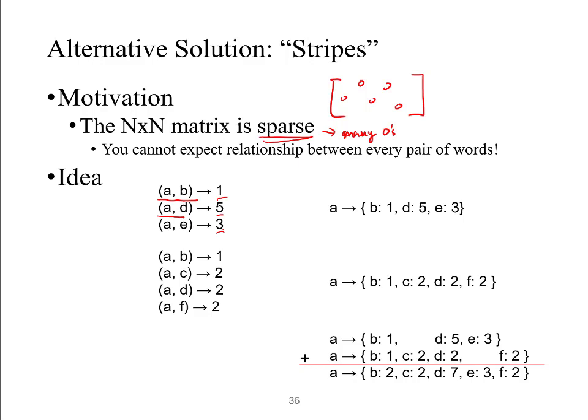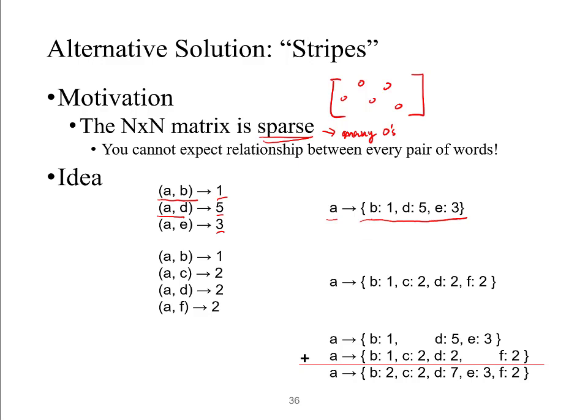Now, instead of that, for each term, we would use a stripe or a hash map to store the number of co-occurrences between that term, for example, A here, and all the other terms.